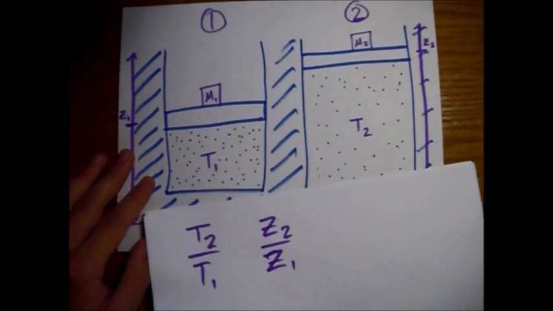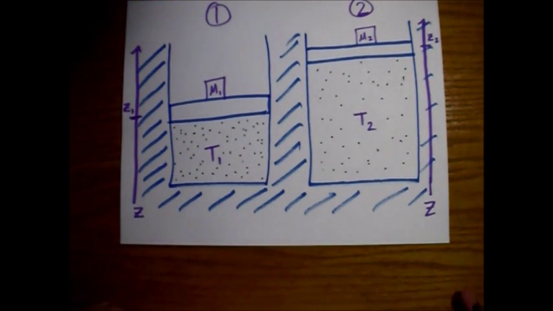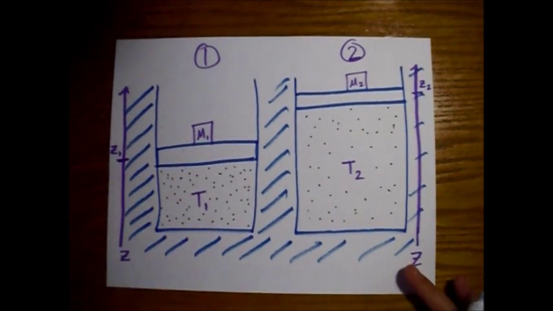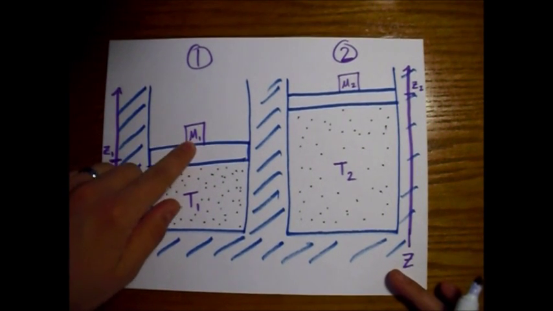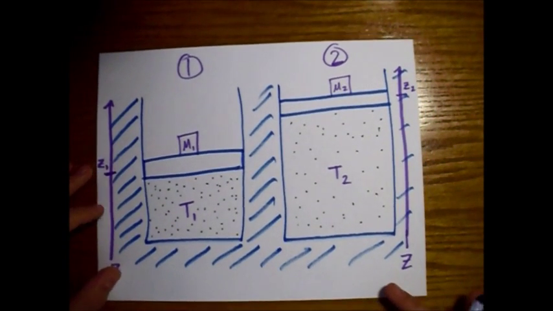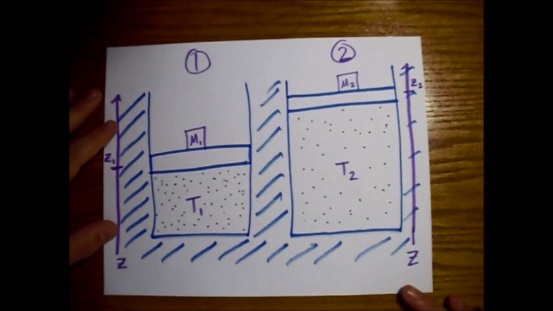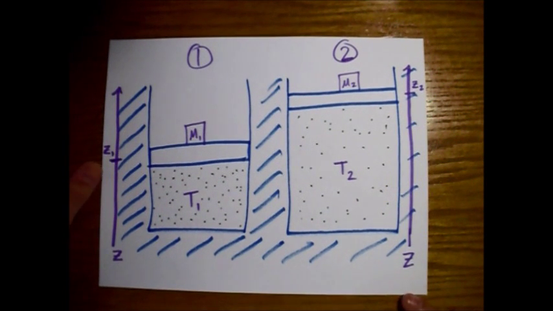All right, so the first way we're going to look at this is what if we suddenly replace M1 with M2. So this is not a quasi-static process, and by definition it's not an adiabatic process either.